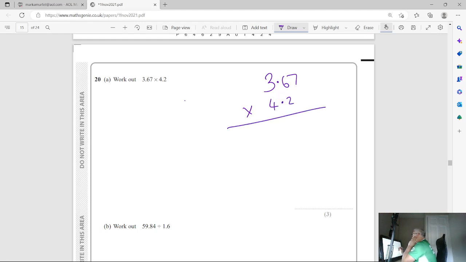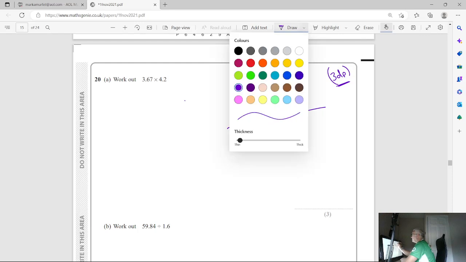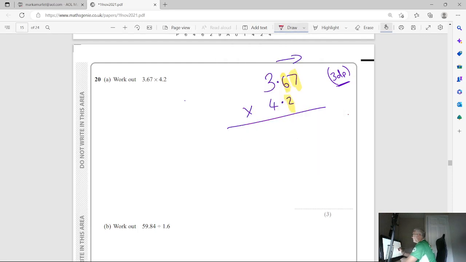Now, the only thing I'm going to do here is highlight that value and that value. So I've got 3 digits that are behind the decimal place. Now when I come to multiplying it, I'm going to come back to that 3 decimal places. And I'm just going to times it out as if I would do a normal column multiplication sum.